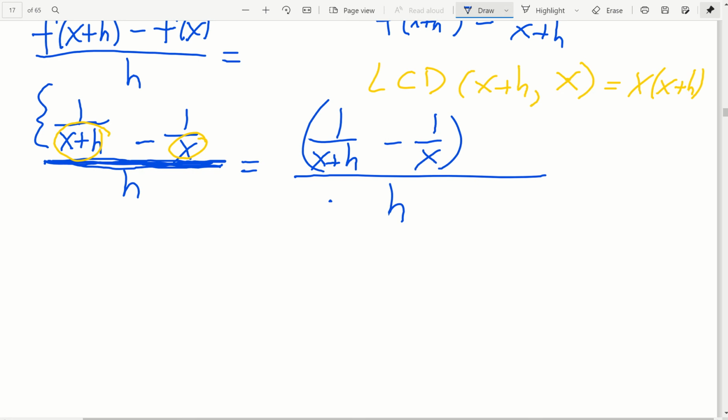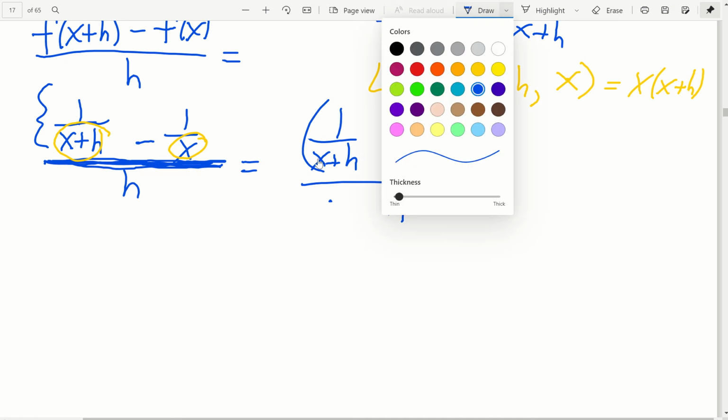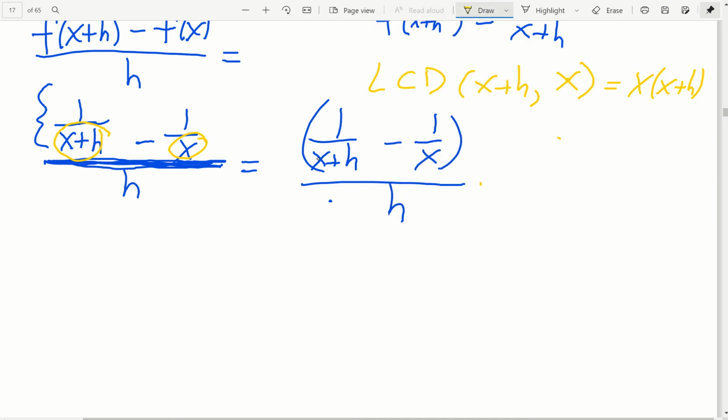So this is a common technique. You can multiply top and bottom of a fraction by the same value. Let's multiply the top by x times x plus h, and also the bottom by x times x plus h.